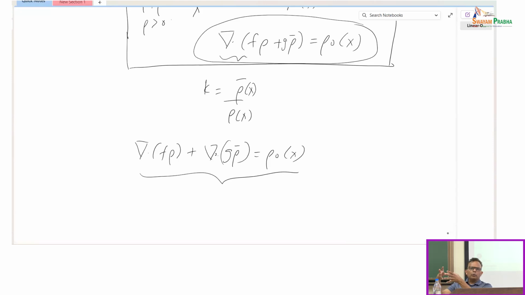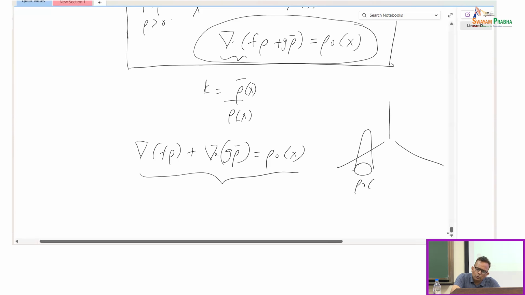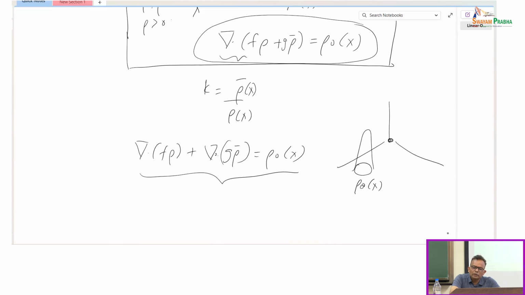Imagine that you're putting some initial mass, which is captured using rho 0, in the state space. You have some initial mass, captured in rho 0 of x, and you want to go to the equilibrium point. This rho 0 captures the initial distribution of your points.